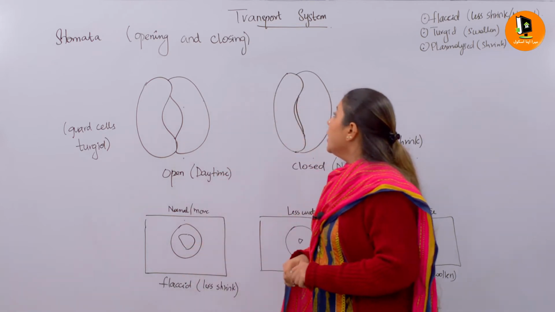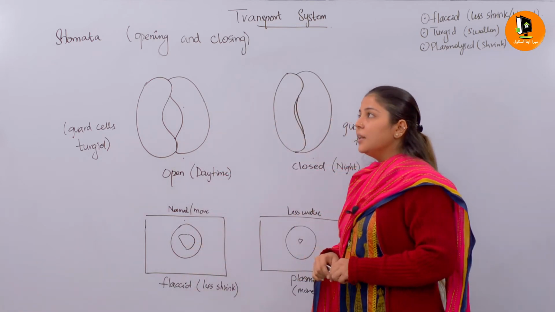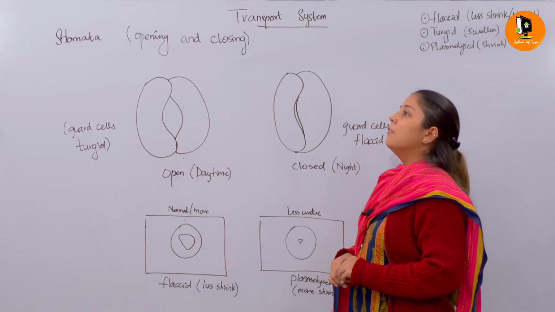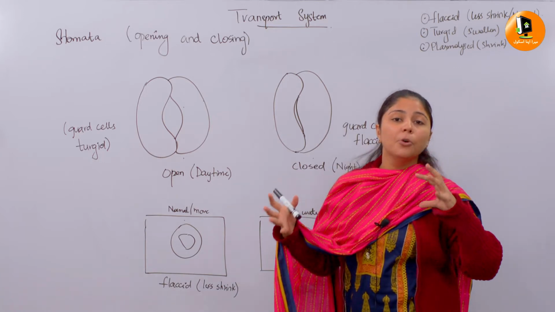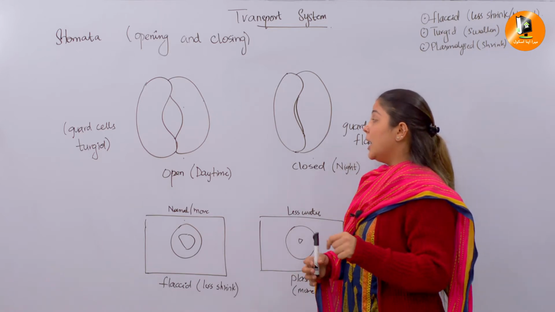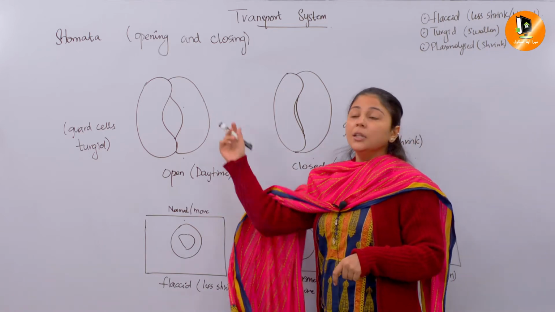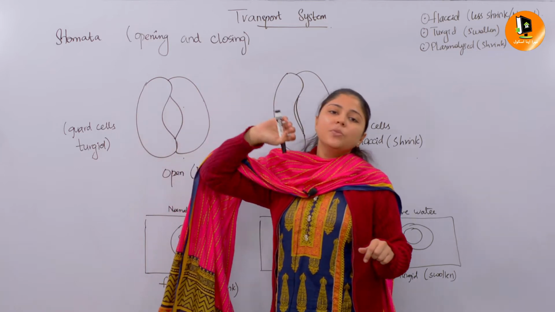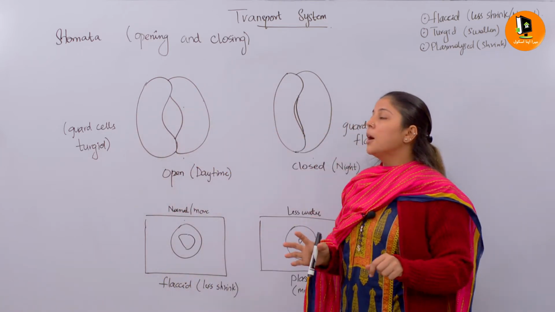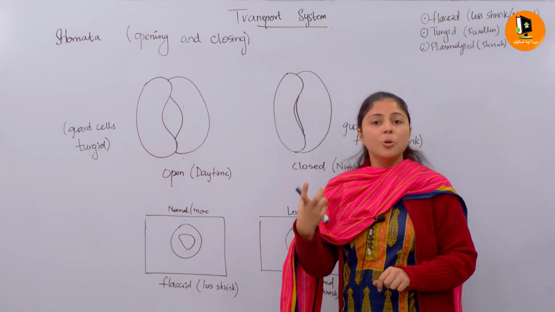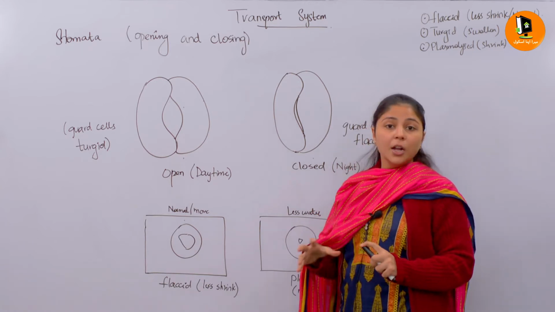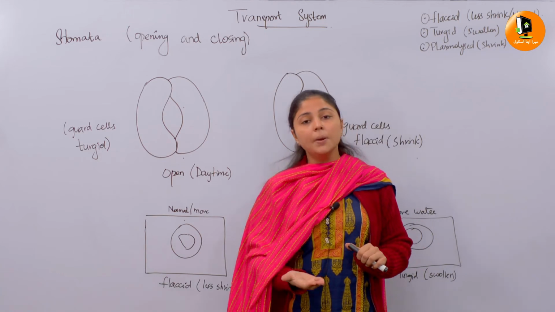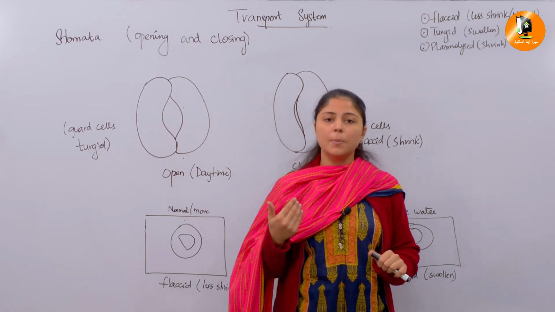Now, as I said in the last video, when you are talking about the transport of molecules in the plant, the structure of the stomata is very important. The stomata is the opening which is found on the upper epidermis or on the lower epidermis.